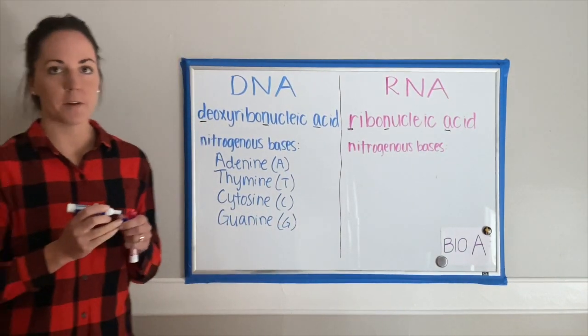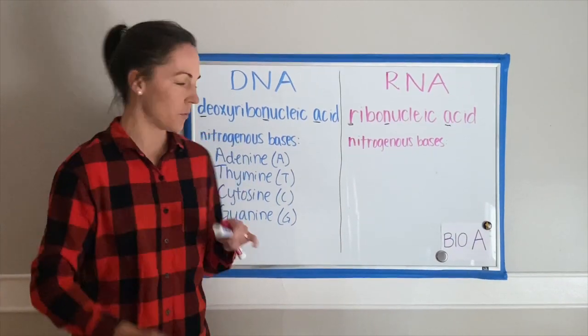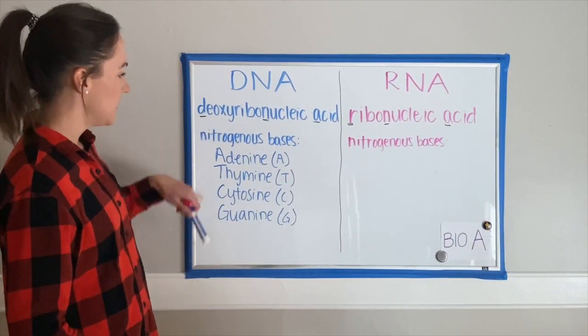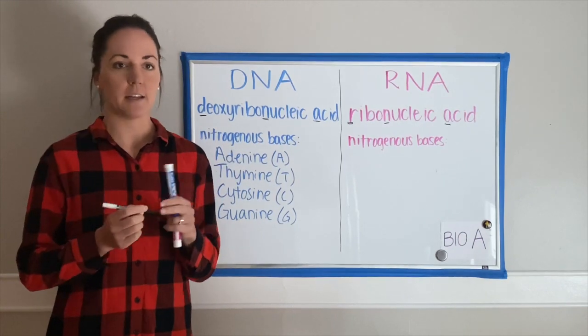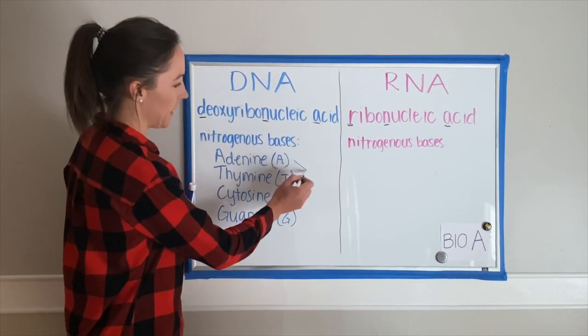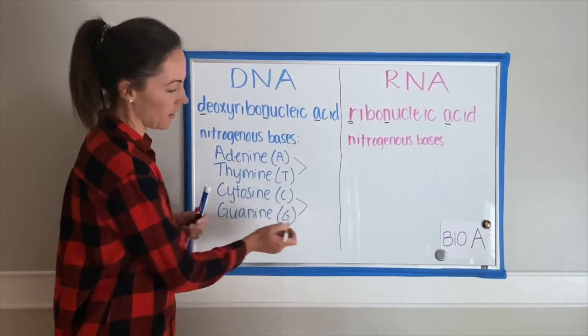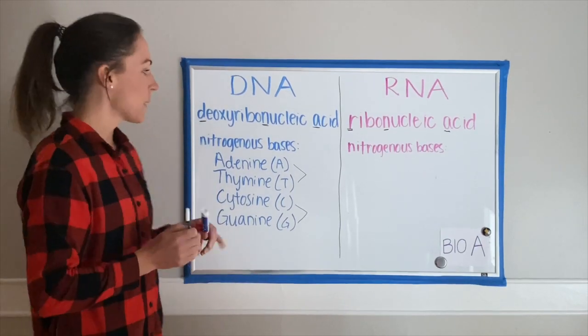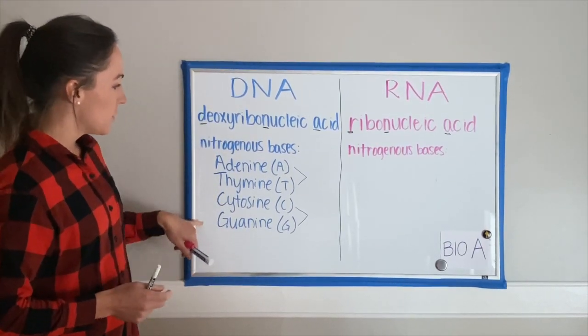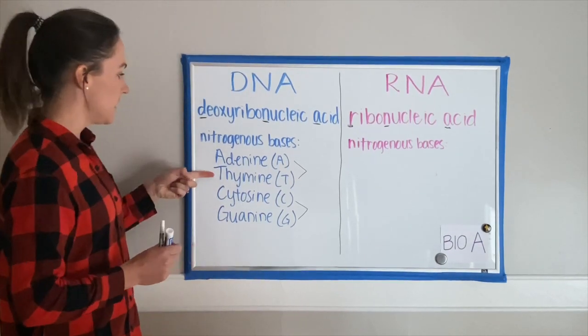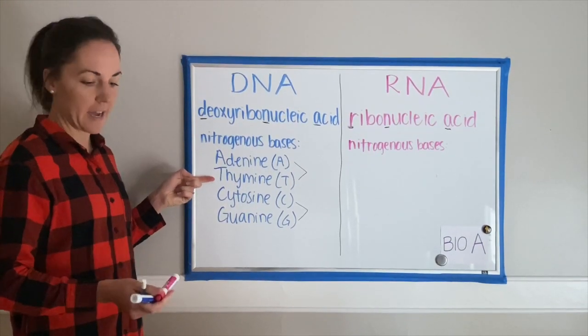To remember, in DNA the A and the T, the adenine and the thymine, are always the ones that pair together, and the cytosine and guanine are always the ones that pair together. RNA is very similar. The only difference is in this base right here. RNA does not have thymine.